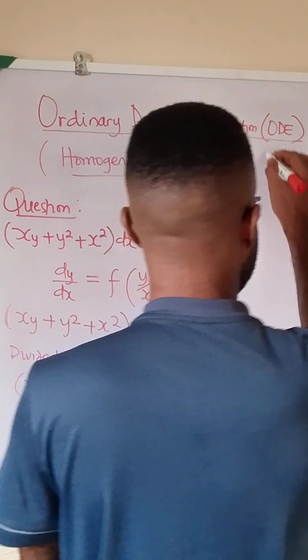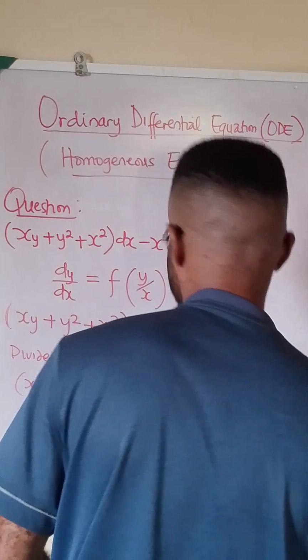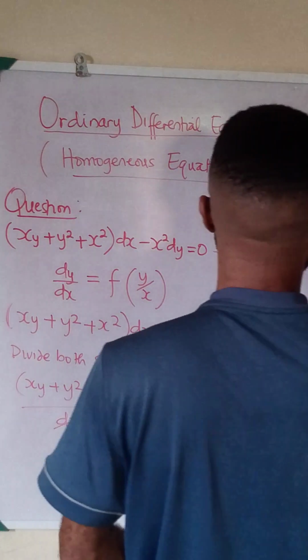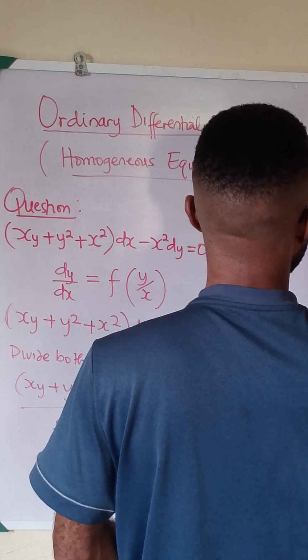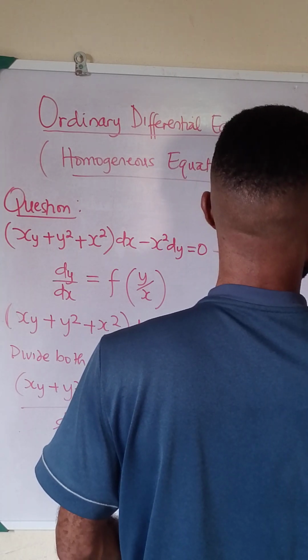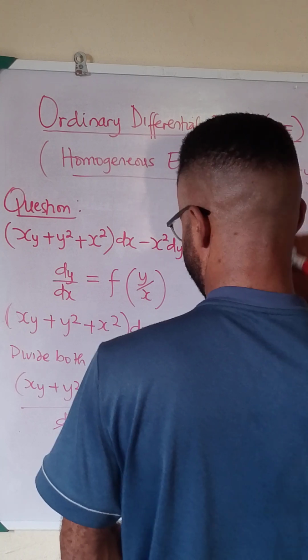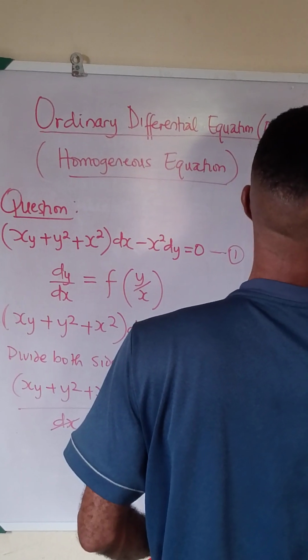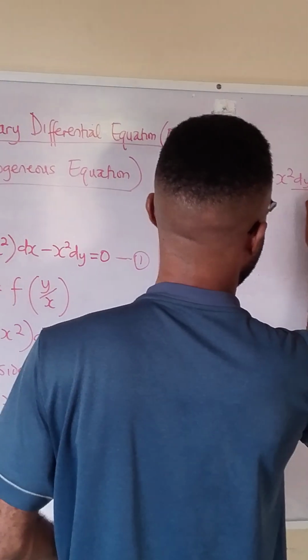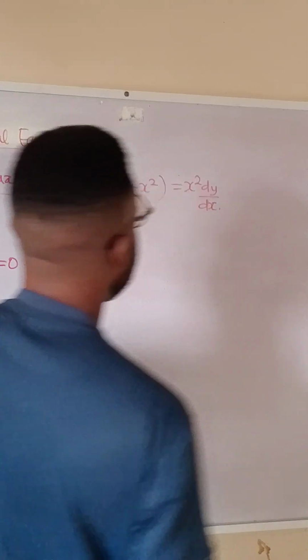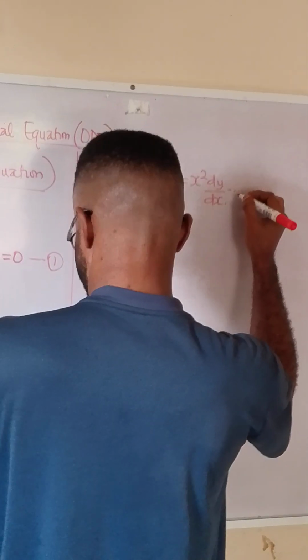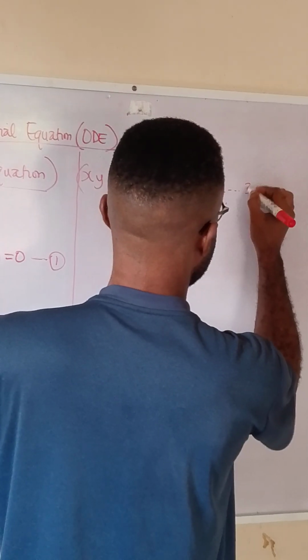Our next equation, from the left hand side, will be (xy + y squared + x squared), which we can put in brackets, equal to x squared dy/dx. Let's call this equation 3.